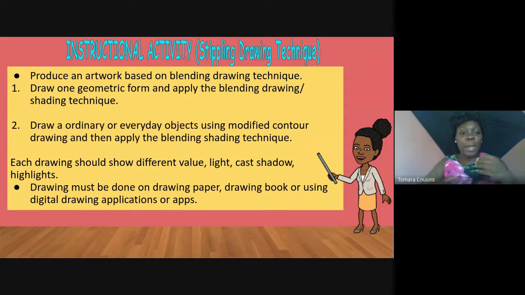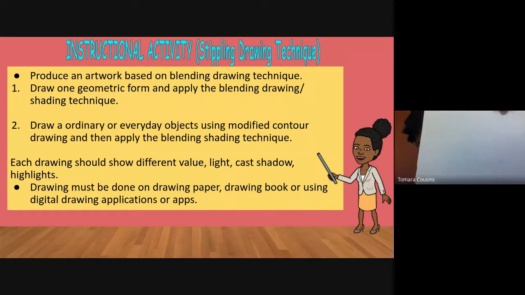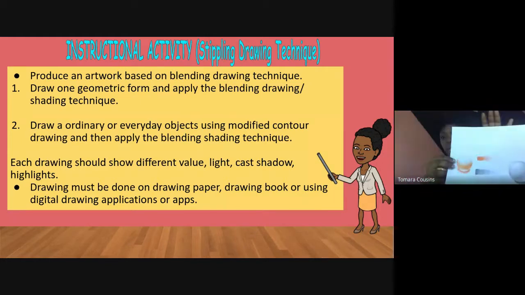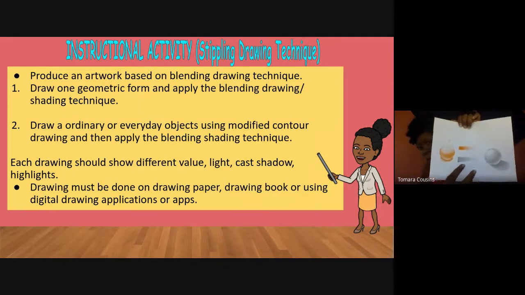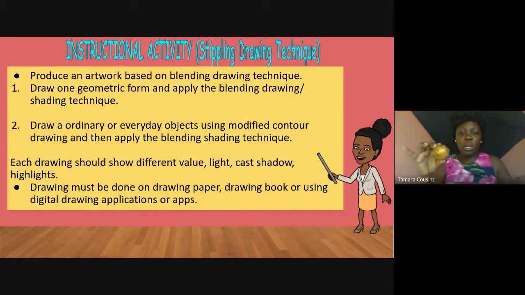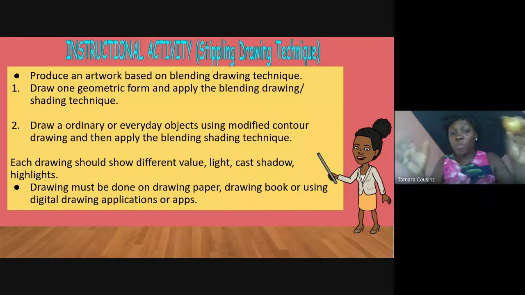So you're going to apply what you know to an actual subject, and that's what I was demonstrating. I started the modified contour with my onion. Now I'm going to apply the shading technique. Remember, you can use your pencil or your pencil crayon for that, and you look at the subject. Which color would best represent the tomato? What colors would you use to shade the tomato?